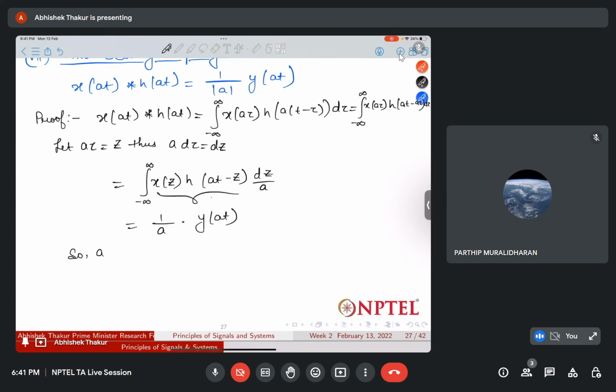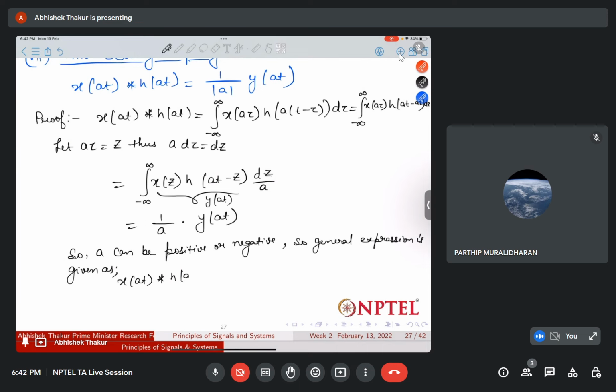So a can be positive or negative, and the general expression is given as x(at) convolution with h(at) is equal to 1 by mod a y(at).